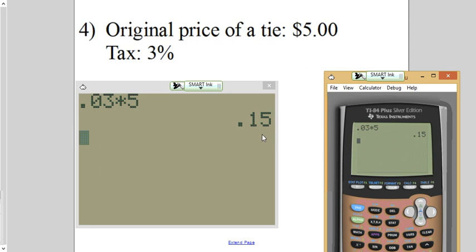So our tax is literally 15 cents. And now we just add the 15 cents to the $5. So our final answer is just going to be $5.15.